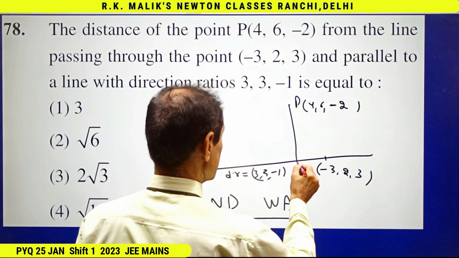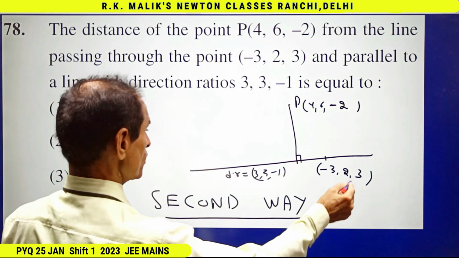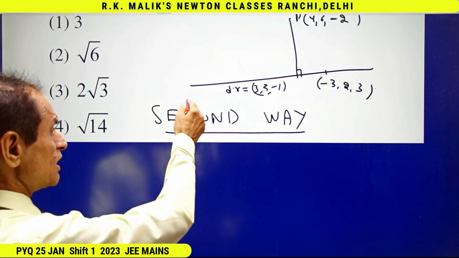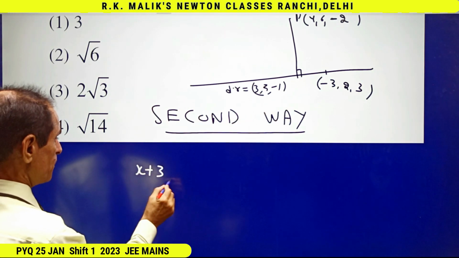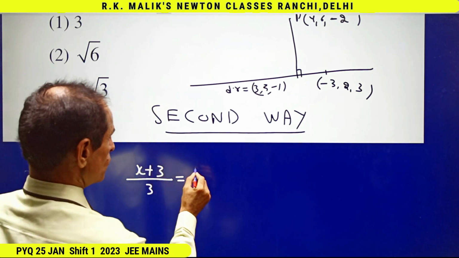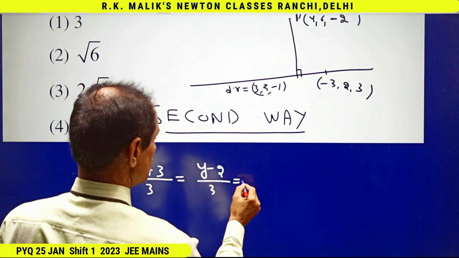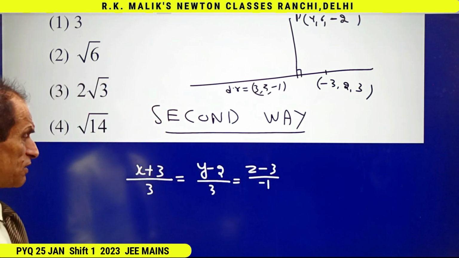We have to find the perpendicular distance of the point P from this line. First of all, I find the equation of this line. You must be knowing that the equation of this line in symmetrical form is x plus 3 upon 3, y minus 2 upon 3, z minus 3 upon minus 1.